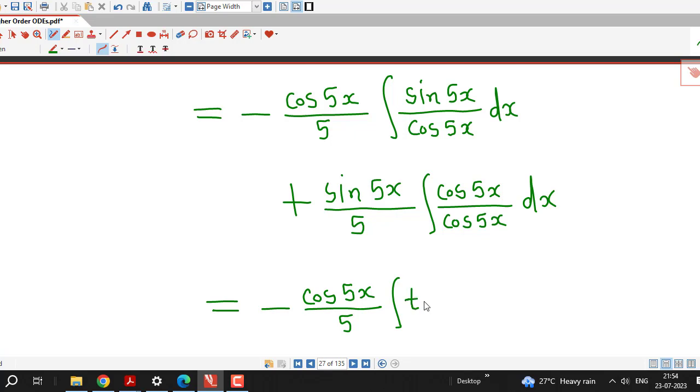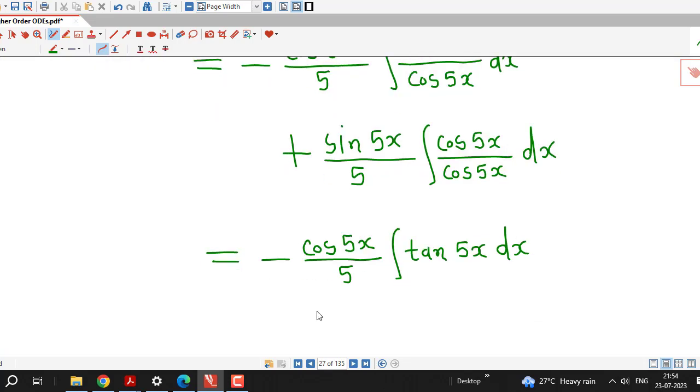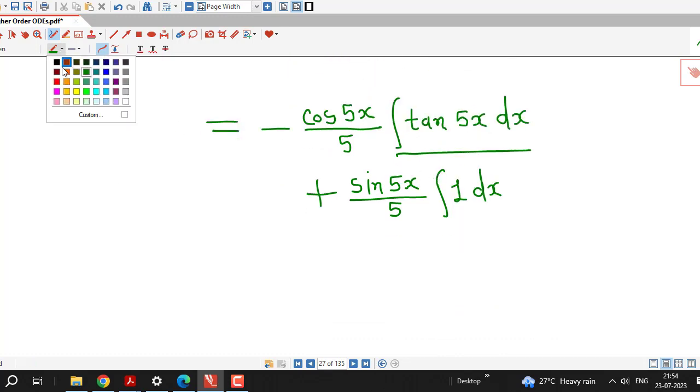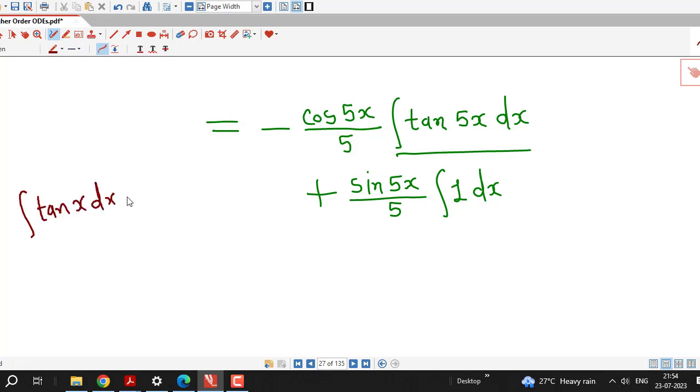Sin over cos can be written as tan by the definition of the tan function, and here I will have sin 5x divided by 5, and here the integral of 1 with respect to x. Now we have the formula for the integral of tan x. We know that the integral of tan x is nothing but logarithm of sec x.